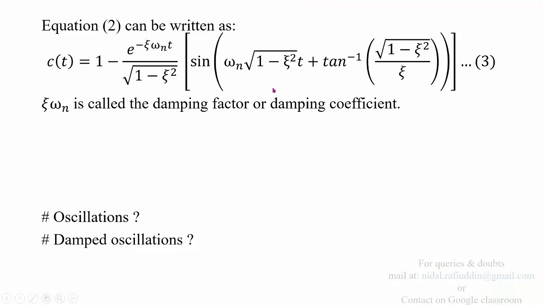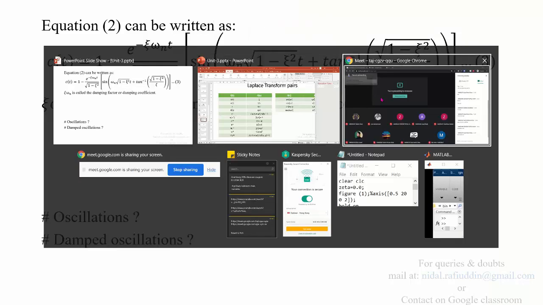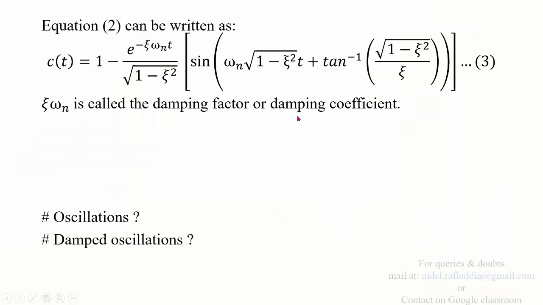My first question is: how would the waveform look if you take zeta as 0? If you substitute zeta as 0 here, what waveform c(t) will be exhibited? This is your expression, and if you substitute zeta equal to 0, what type of waveform are you going to get?